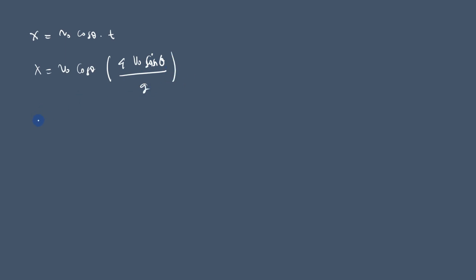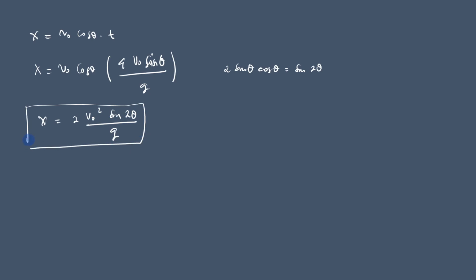And from the trigonometric identity, 2 sin theta cos theta equals sin 2 theta. So we can write it as 2 v0 squared sin 2 theta divided by g. This is the horizontal distance.